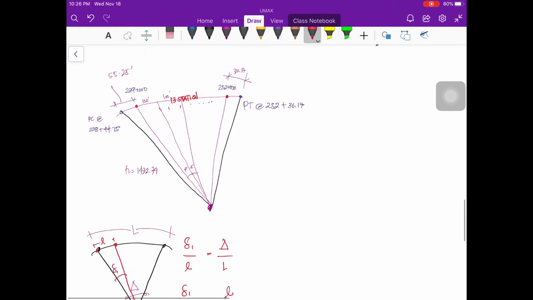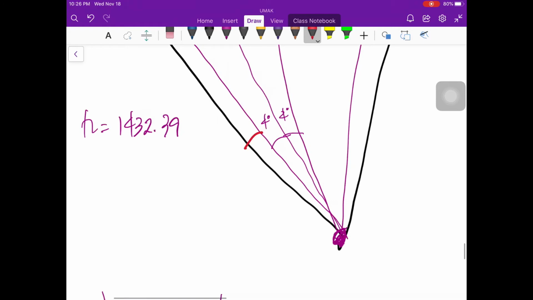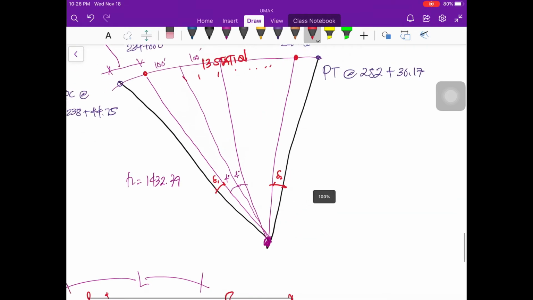With this one, we will be able to solve for the value of gamma 1, which is located here, and this one is gamma 2. These are the unknown deflection angles.